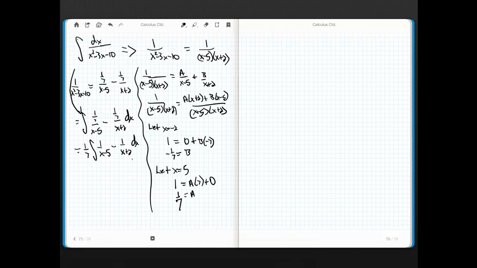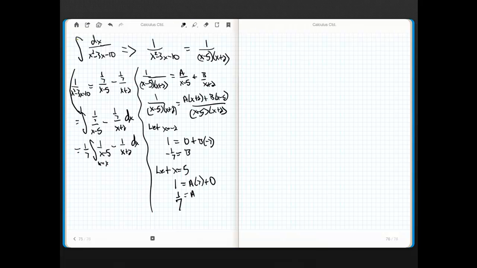Now, if you're one of these students that looks at this and for whatever reason you want to combine the terms and do what you were doing before, you wouldn't be the first. But remember, we broke this thing up into partial fractions so that we could deal with these fractions individually. Now, hopefully you've done enough mathematics to realize that the integral of a sum is the sum of the integrals, so I can deal with these guys separately.